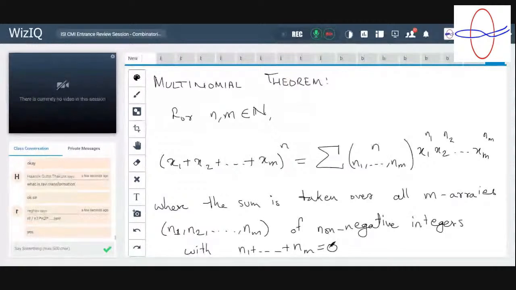And this, if you don't already have memorized, you can ignore.